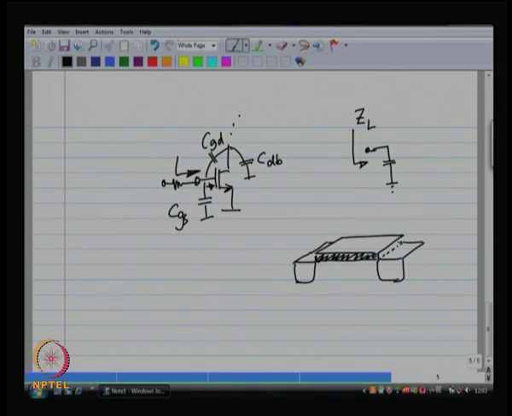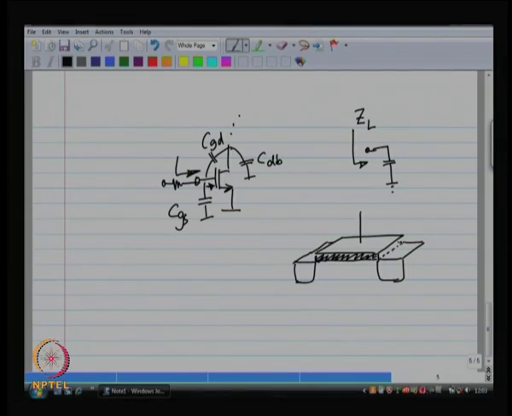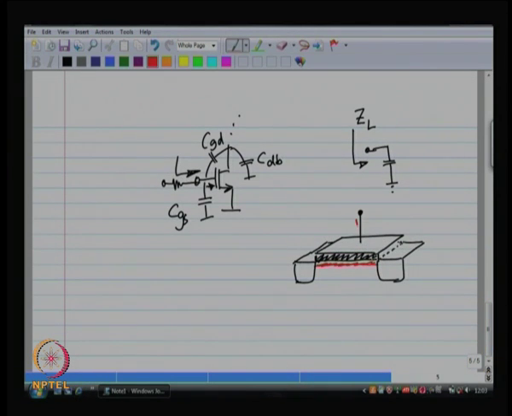Gate is the top plate, the channel is the bottom plate. This is the channel, which is the bottom plate. Okay. Now, if you want to charge the gate to a certain amount of charge, this charge has to travel through this wire and it has to spread all over the gate.